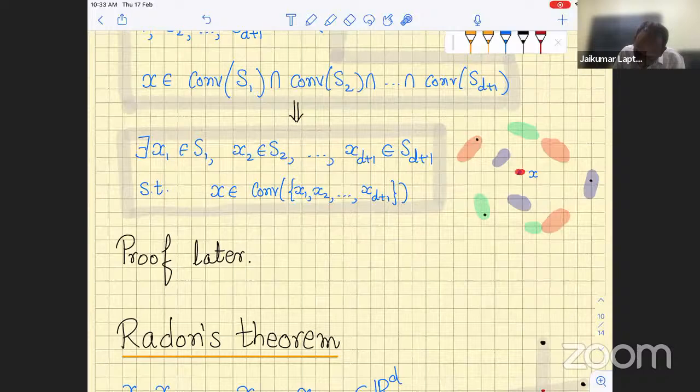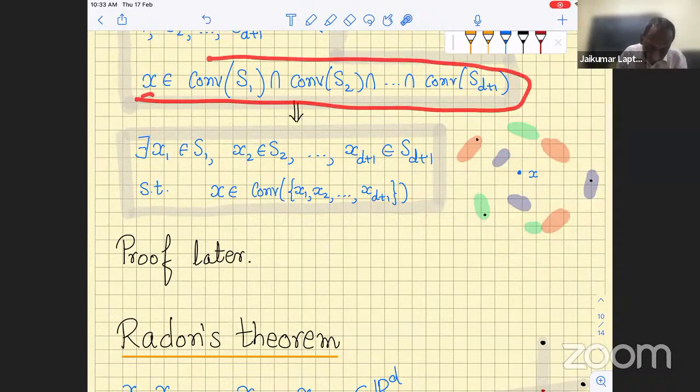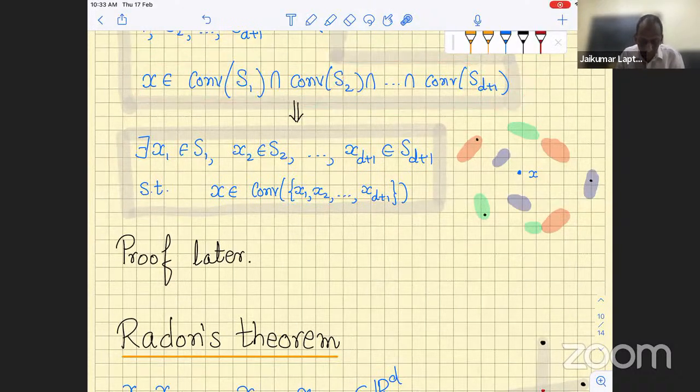So here is a point which is in the convex hull of the red points, inside. It is in the convex hull of the green points, inside. If you look at the convex hull of these purple points, it is inside. So it's a point that is common to the convex hull of the red points, the green points, the purple points, all of them.